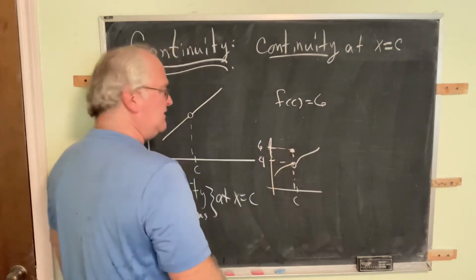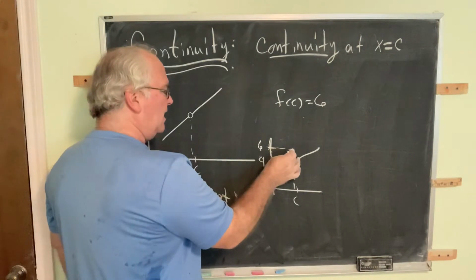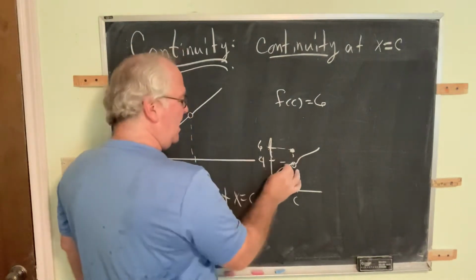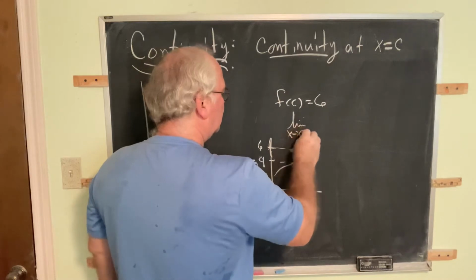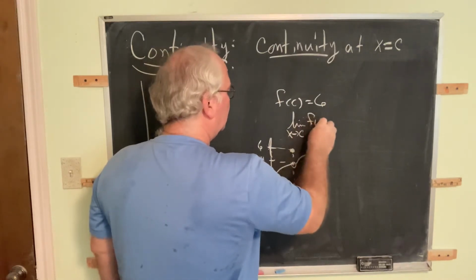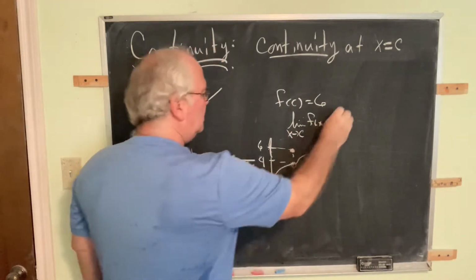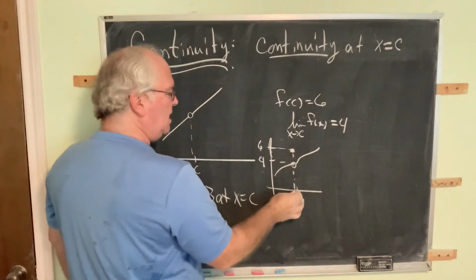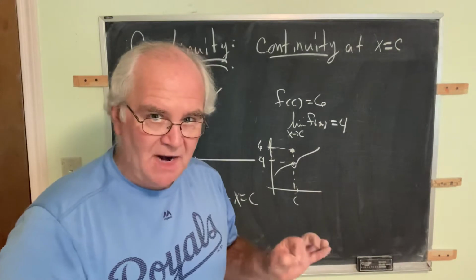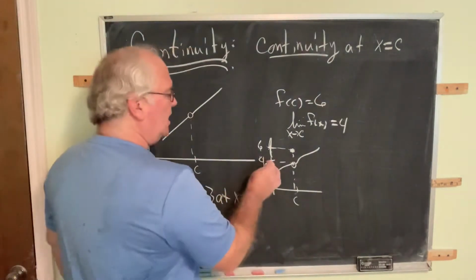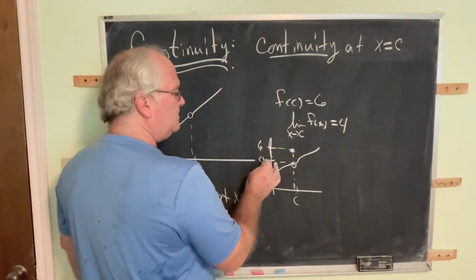So the function is defined. It does have a dot there. But what is this value? This is the limit. The limit is 4, because as you get closer and closer to c, remember, closer and closer but not equal to c, you're getting closer and closer to 4.